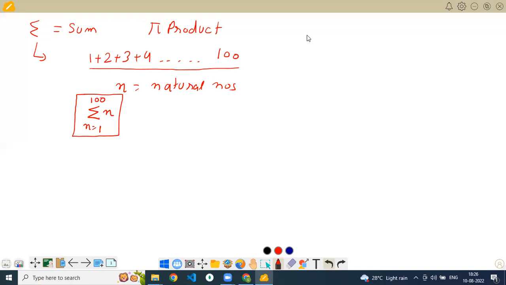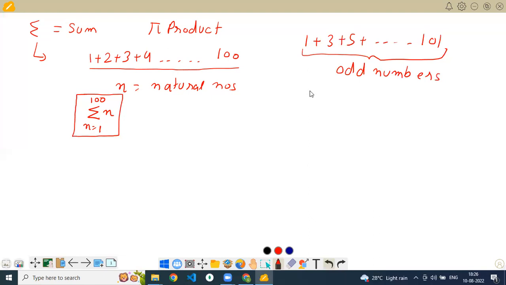Suppose I want to do 1 plus 3 plus 5 till 101. Now these are what? These are odd numbers. And we can represent odd numbers by this expression, 2n minus 1, where n is equal to 1, 2, 3, 4.